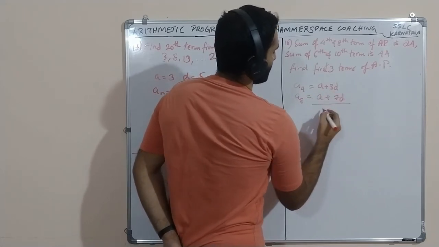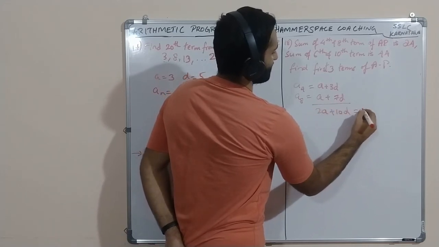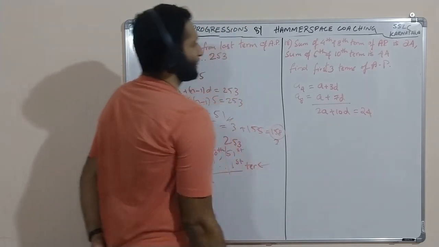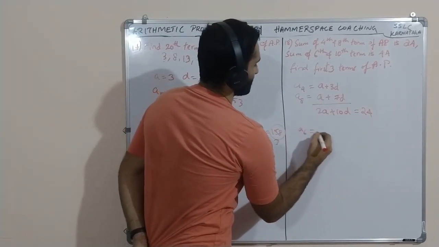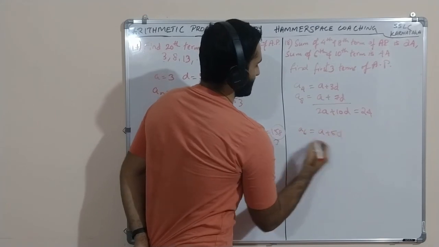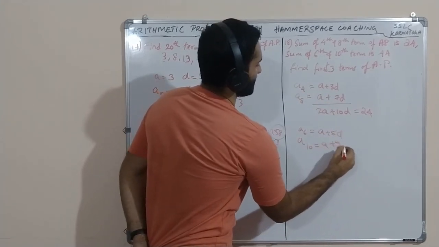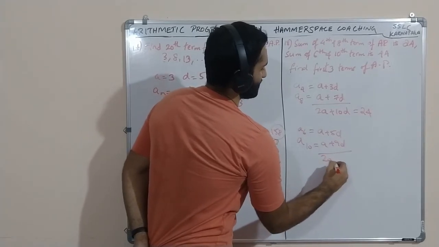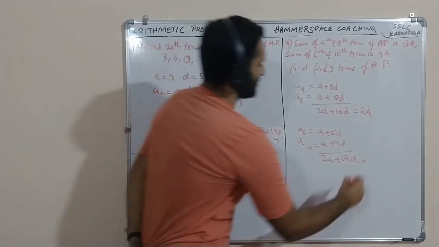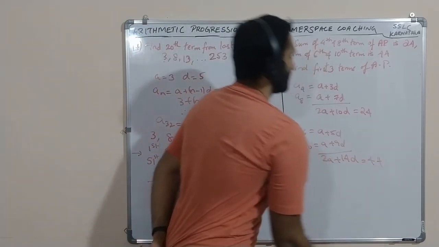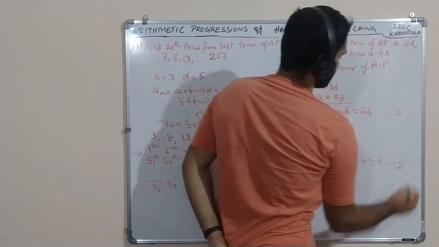If you add these, you will get 2A plus 10D equal to 24. And the sum of the 6th and 10th terms: A6 equals A plus 5D, A10 equals A plus 9D. If you add these, you will get 2A plus 14D equal to 44. So this is equation 1, equation 2.